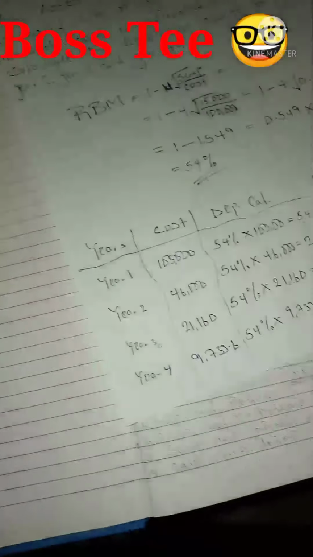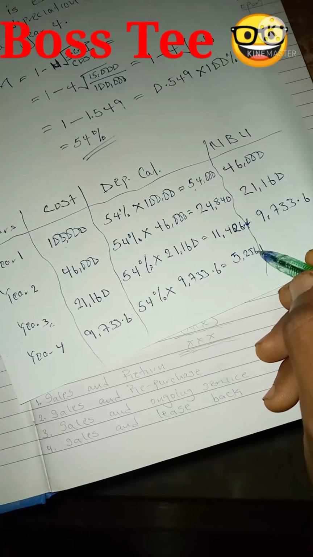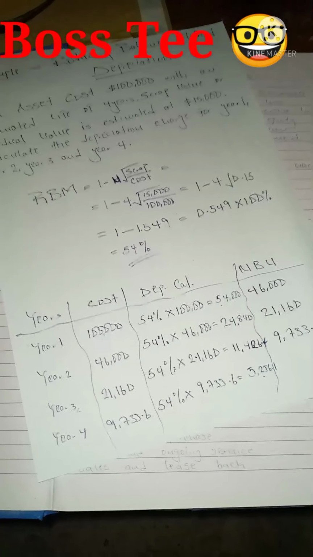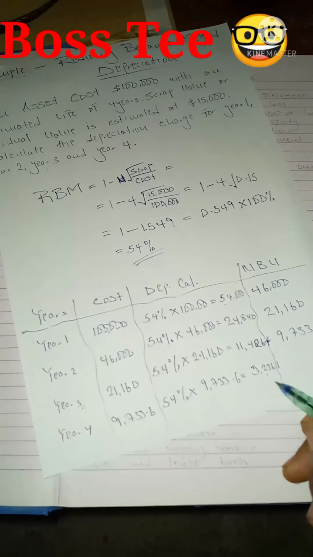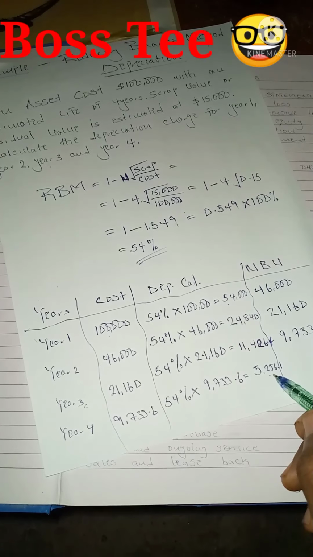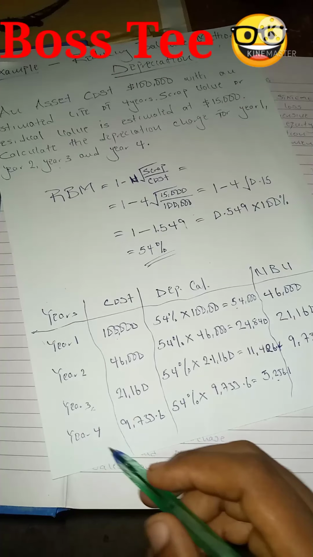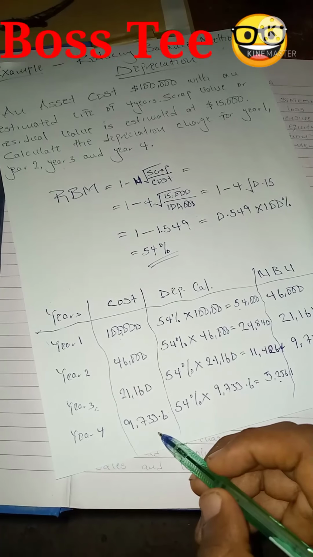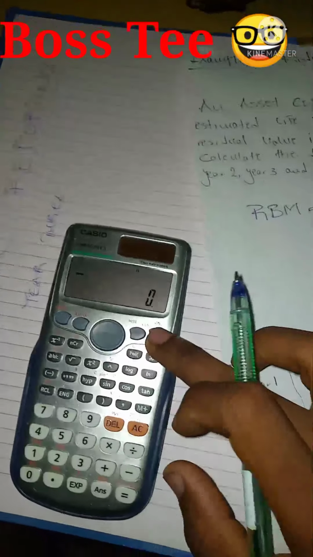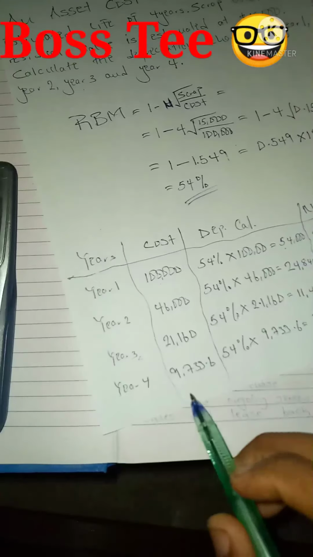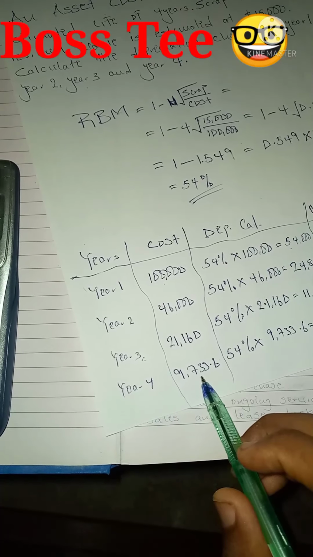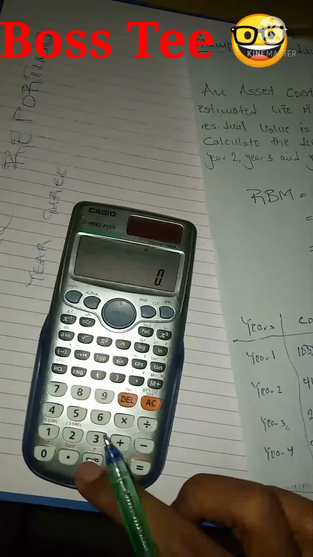So the same thing applies. We have 5,256.1. Okay, so what are we going to do? We use this depreciation that was calculated for year 4 and reduce it from the value of the asset in year 4. So we say the value of the asset was 9,733.6.